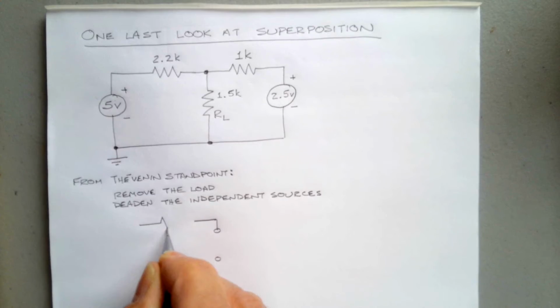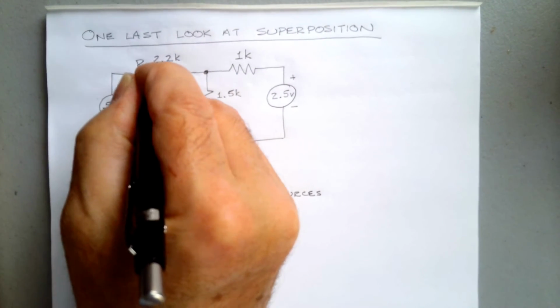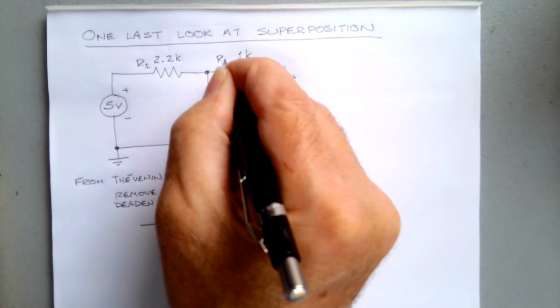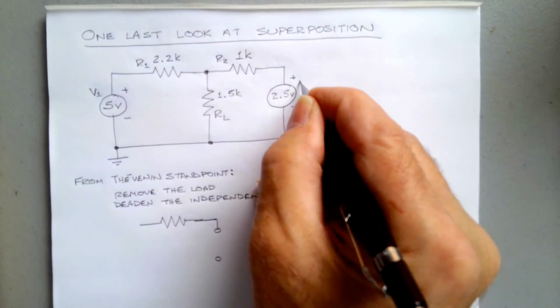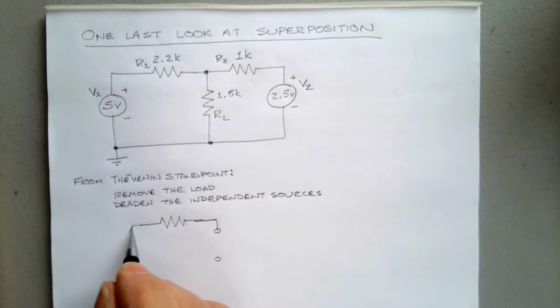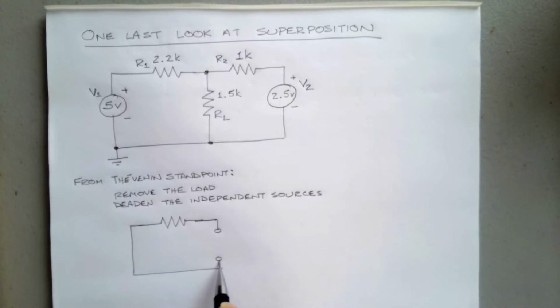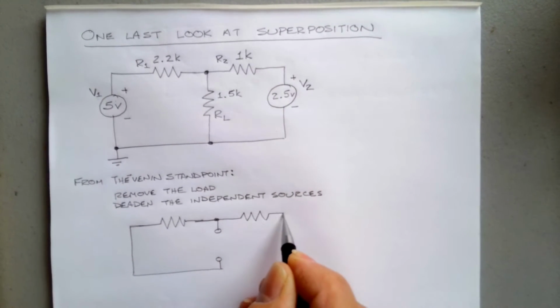Let's give these names, R1 and R2, and call the sources V1 and V2. Here we would remove the load and deaden the sources, and we would have something that looks like this.